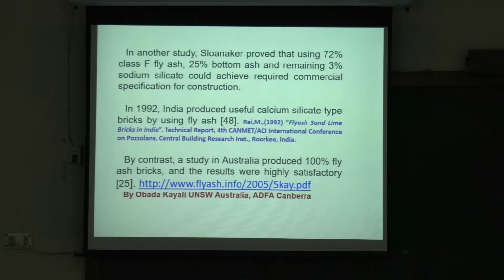So Kayali produced bricks using 100% fly ash, and the results were highly satisfactory. And this is that website. I'll show you in one of the tutorials what work they did, because today after lunch we'll have a tutorial so that we can all take part. I think I have included his paper in that tutorial.